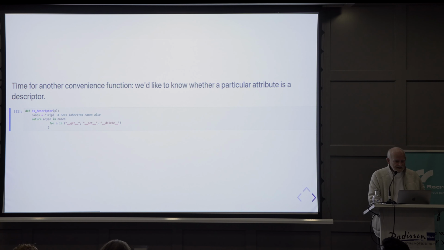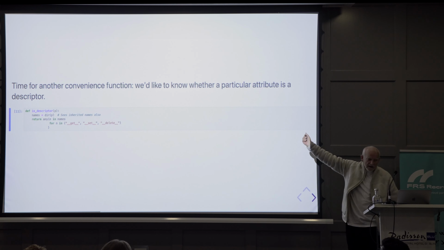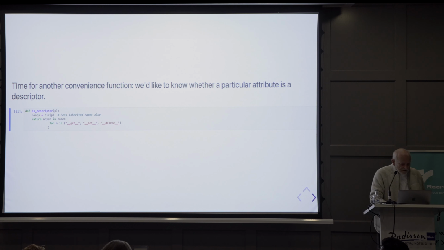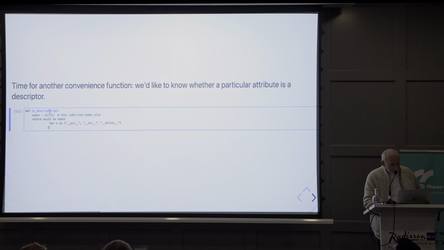That's relatively easy. Basically, I take the list of names that are available inside the class, dir(p), and then I look to see whether any of those names are either __get__, __set__, or __delete__. And if they are, then that expression will be the return value of the function, and it will return True. So now we've got a function called isDescriptor that will return True if any of those methods are defined.